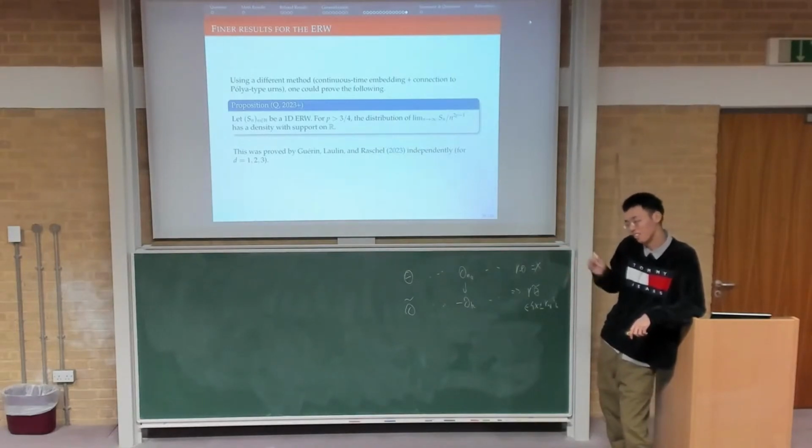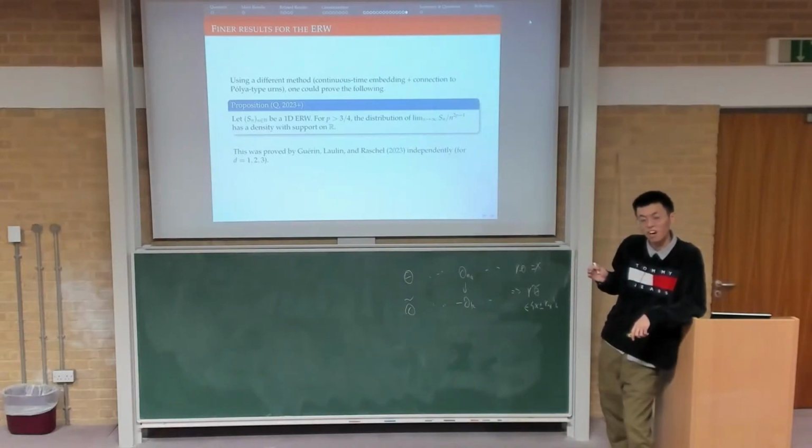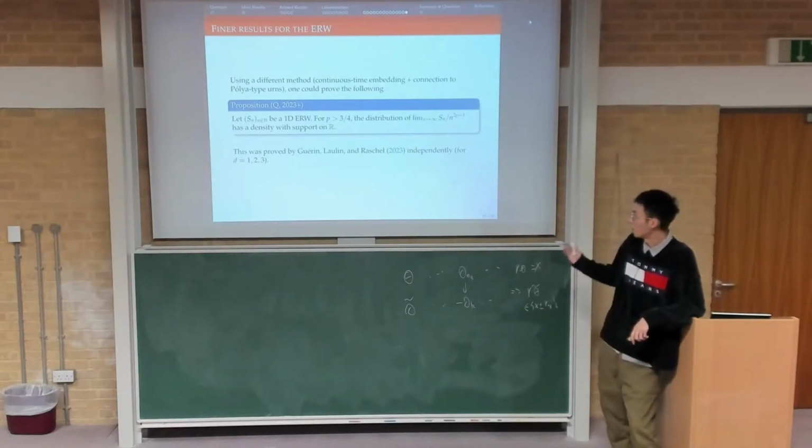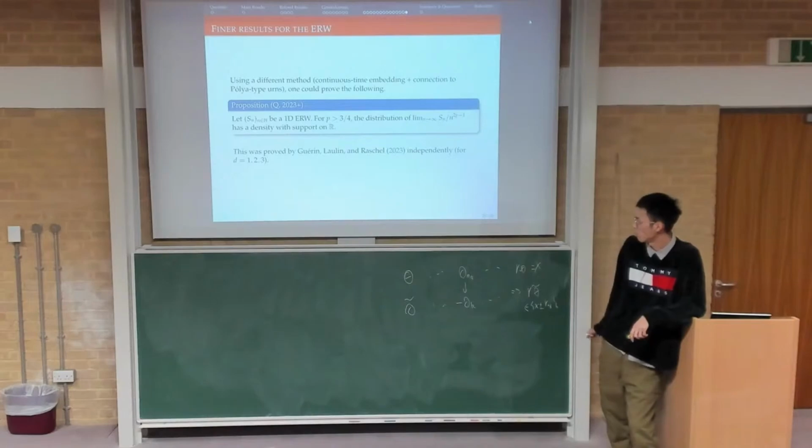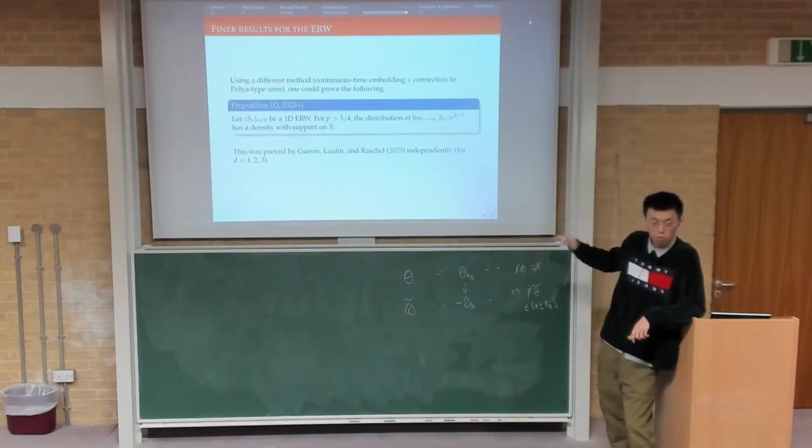It's stronger than saying that it's non-atomic, and the support of the density is the whole real line. This was proved by Guerin, Laulin, and Roussel independently. They even show that the distributions of W1, W2, and W3 all have a density.